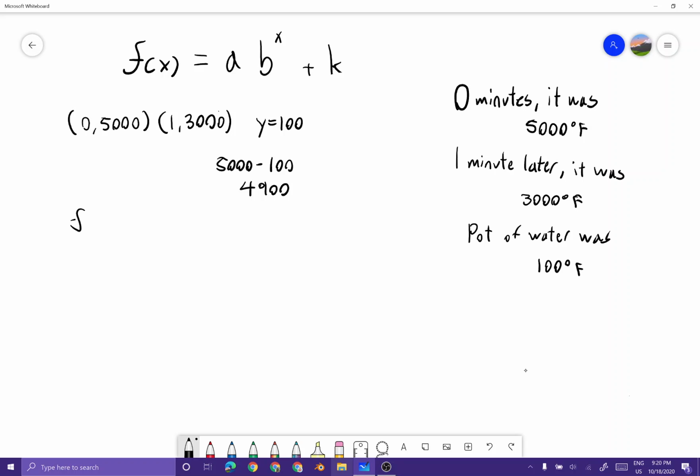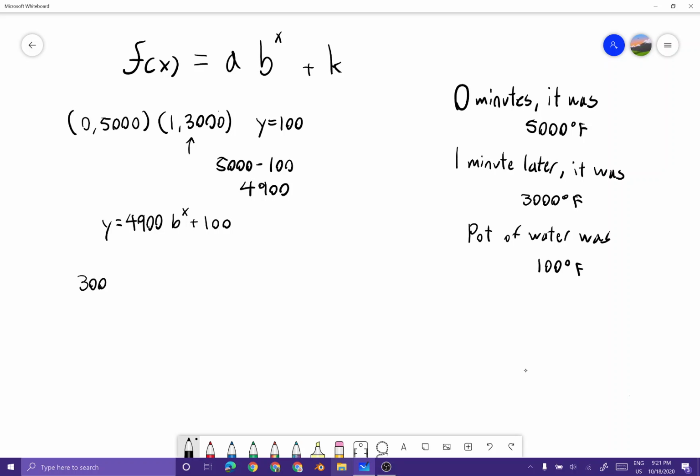So we have to start up an equation. f of x equals 4,900 b to the power of x plus 100, which is our horizontal asymptote. Now at this point I'm going to erase this and replace with y. And next we can plug in our coordinate right here.